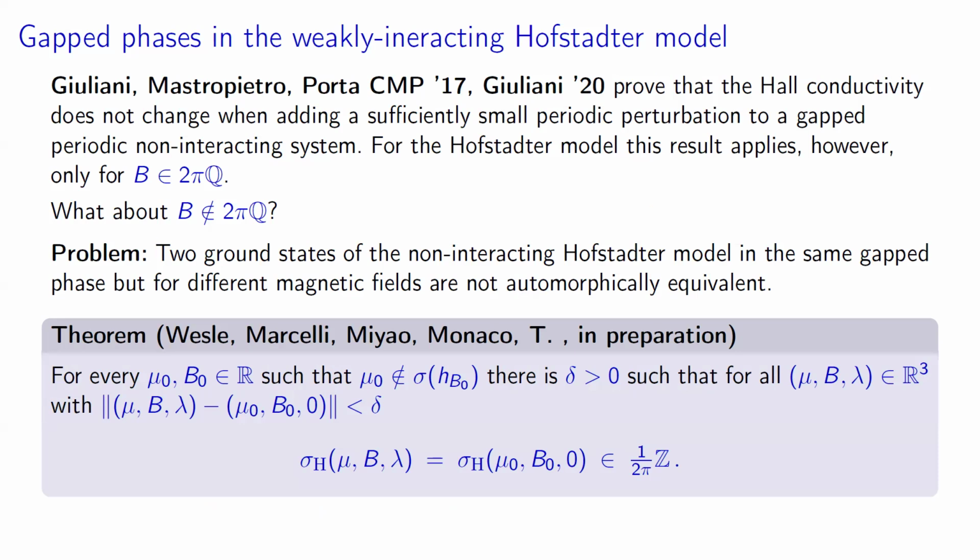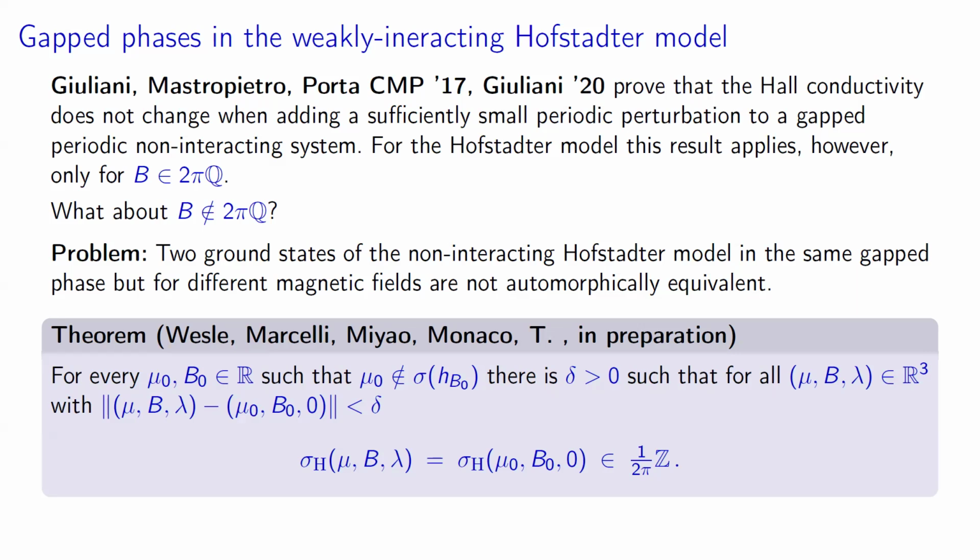If we start at a point in a gap space of the non-interacting model, then there will be an open ball in R3 in this parameter space within which the Hall conductivity is the same as here. So this follows from our approach.